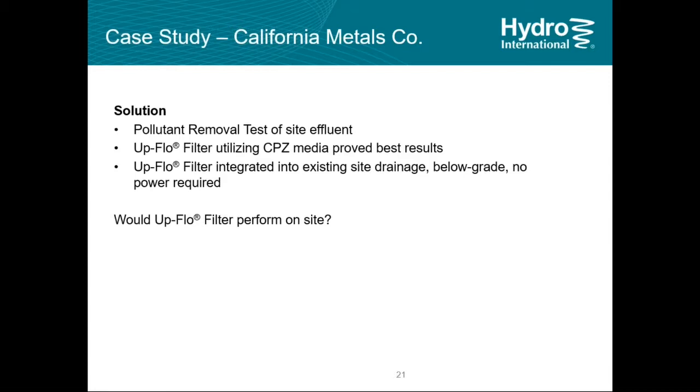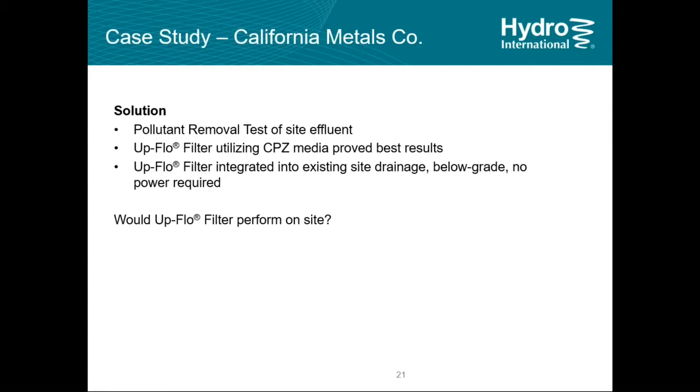The solution: the first thing we always do, we took a good representative sample of water, ran it through our Portland lab, and did the pollutant removal test. It was determined that the Up-Flo filter with CPZ proved to be the best performance system that we could use.